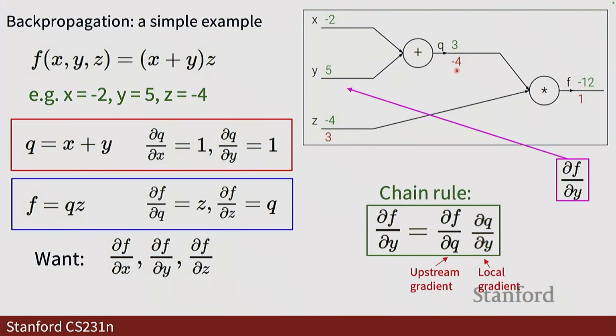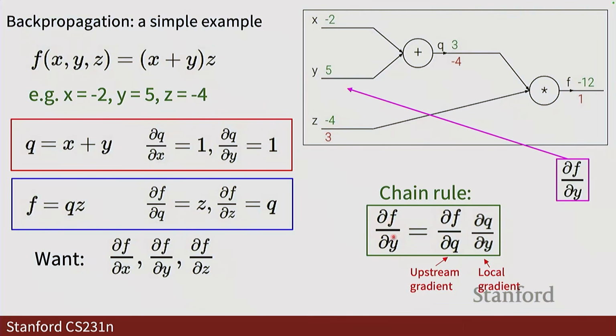Next, we have y, which is directly before q. We need the derivative of f with respect to y, but y and f are not directly connected. That's where we use the chain rule, where we split the calculation of the derivative with respect to the variable in the middle.